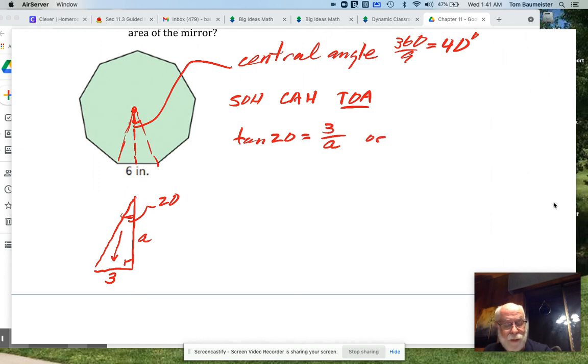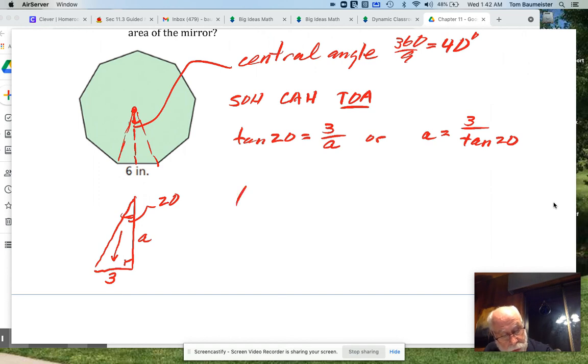Or, remember, I told you if the A is on the bottom, I suggested you just flip them, right? Switch them. So we can say that A is equal to 3 divided by the tangent of 20 degrees. And so we're going to use that and we're going to plug that in.